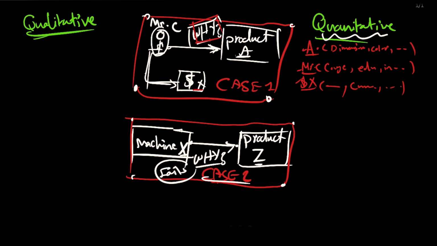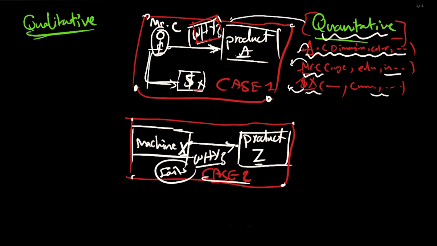As we have discussed earlier, this is a purely objective way of answering the question. Then perhaps you start to link them, after you convert these to a numerical representation, and all of this will give you an answer on why Mr. C was able to pay this amount X on product A. This is the quantitative way of answering the question.